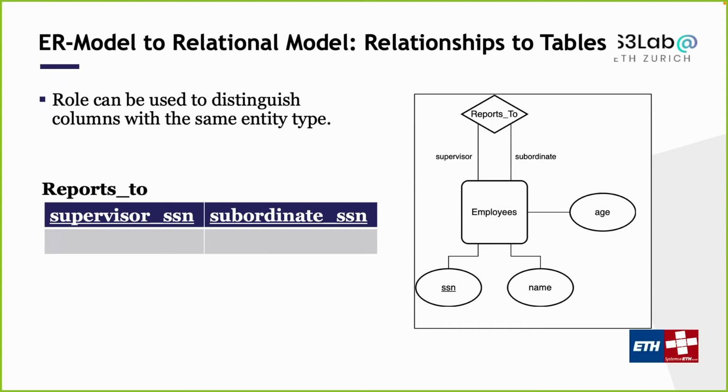So the minimal set of attributes that is unique in the reports to relation is actually these two keys combined. The relationship is many to many. After the translation, I need to include all the keys of the participating entities to form the new key of this reports to relation. Make sense? This is natural.